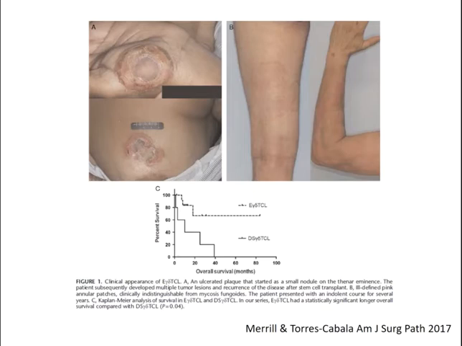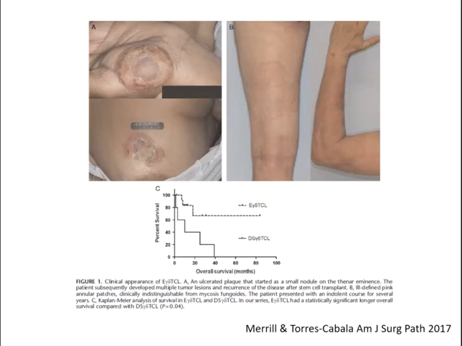Then the bump started to grow and grow and grow, and then it started to disseminate. This poor lady had a transplant, and then the disease recurred after transplant. Then she got a second transplant, and the disease recurred after the second transplant. So you can imagine how aggressive this thing is, something that looks like nothing at the beginning. So this is the opposite, right? The histology looks like nothing, but the biological behavior is really bad.